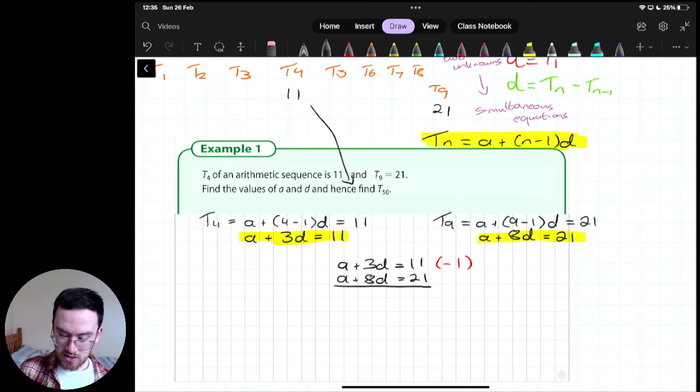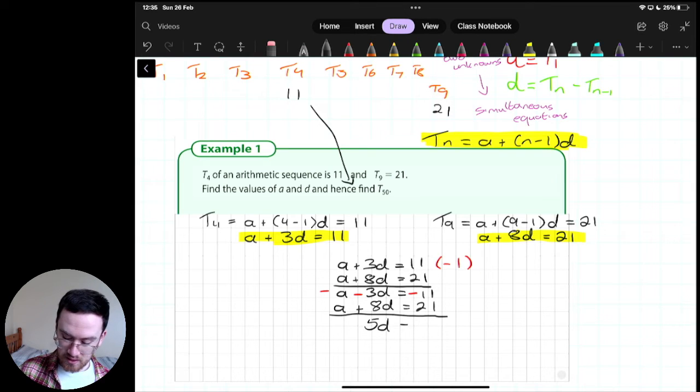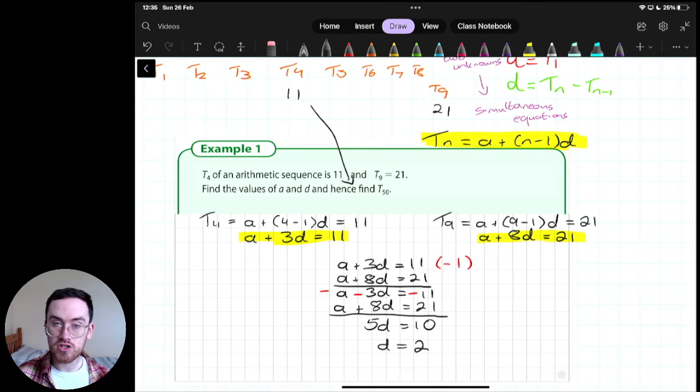That gives me minus a minus 3d equals minus 11, and I have a plus 8d equals 21. Simplifying that gives me 5d equals 10, so d is equal to 2. And that's our answer for d.